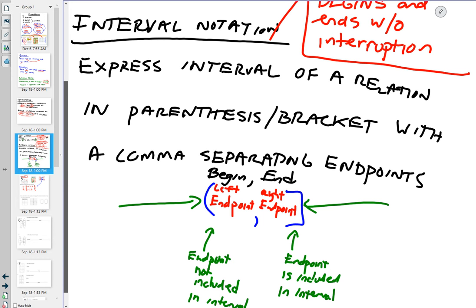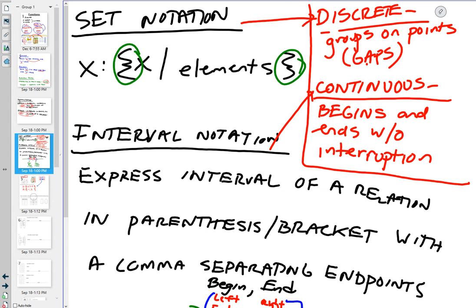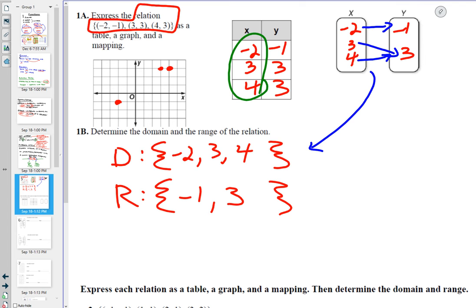All you're writing is the beginning and the end. But this graph here is not continuous. Let's assume we're going from left to right. If I put my pencil down on the first point, could I get to the next point without picking my pencil off the paper? No, I can't. So it's not continuous, it's discrete. If I were to connect the dots, then yeah, it would have been continuous.